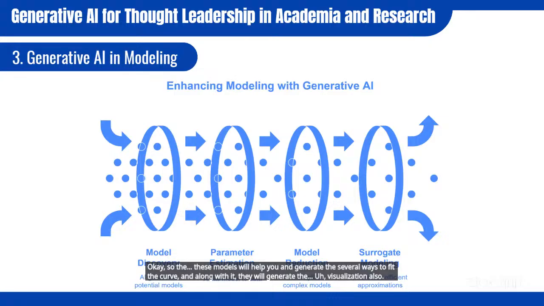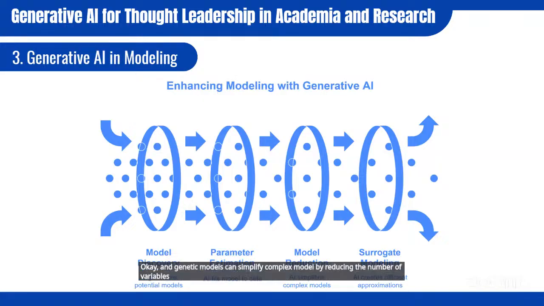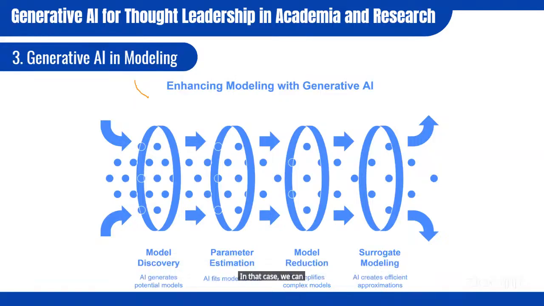Generative models can simplify a complex model by reducing the number of variables or equations while preserving the essential behavior of the system. Sometimes when we solve a system, or we want to study its behavior, we can have some unnecessary variables.